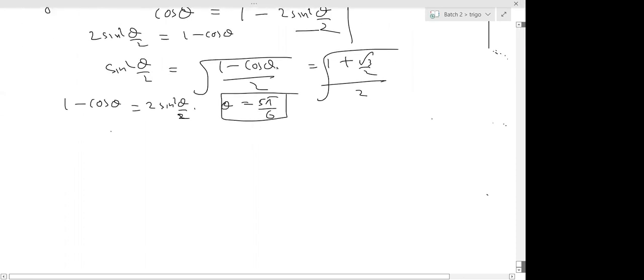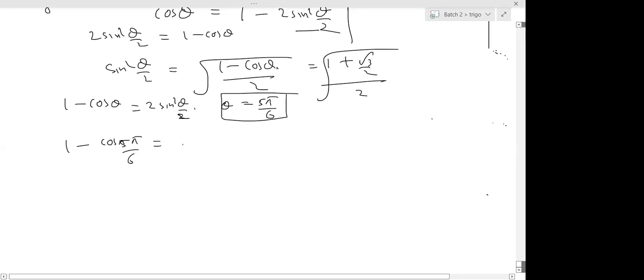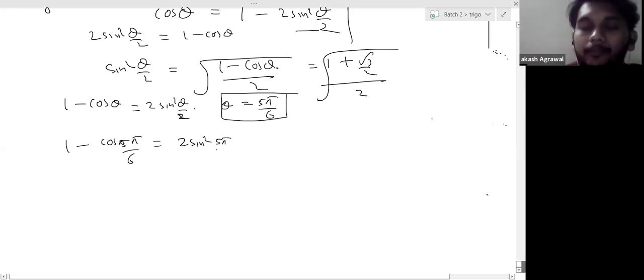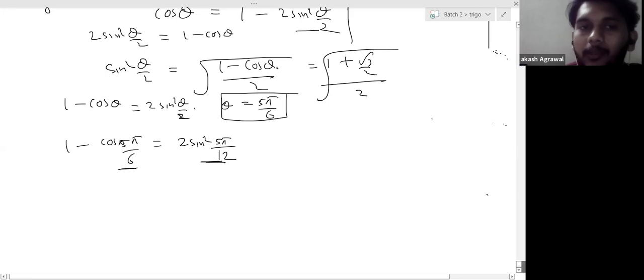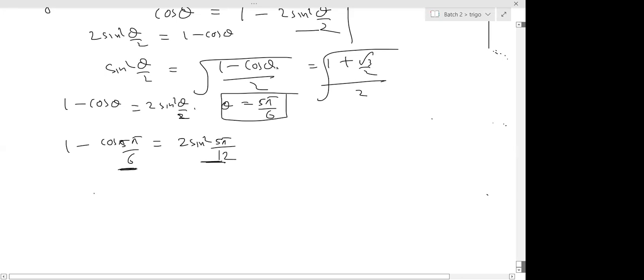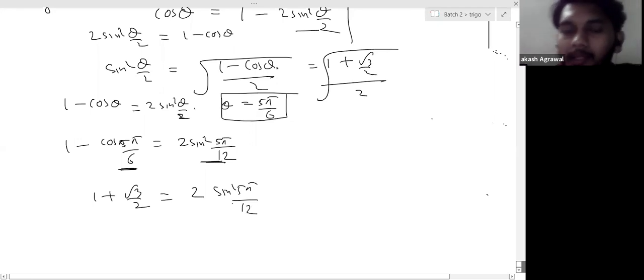Sir, 1 minus cos 5 pi by 6, and then in the right hand side, 2 sine square 5 pi by 12, sir. So this you have to find. This value you already know. So very easy. Yes, sir. 1 plus 3 by 2, 2 sine square 5 pi by 12. Now you can find that very easily.